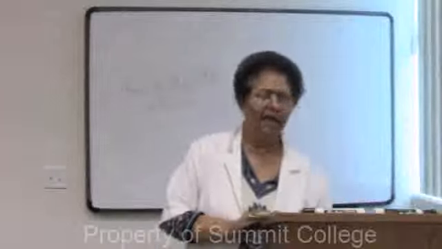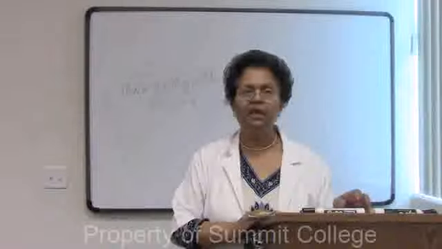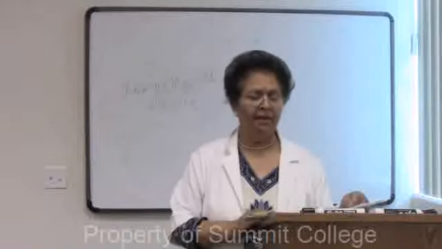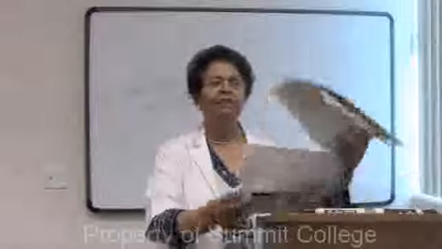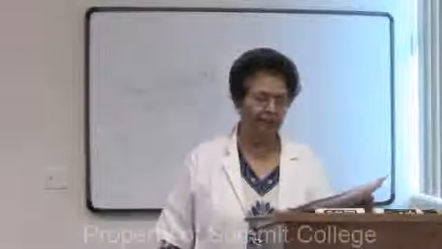So first thing, I want you to write down isolation. What isolation are you going to put them in? Reverse isolation. Don't put them with anybody with infection. That's important. And underline the word monitor for blood pressure.